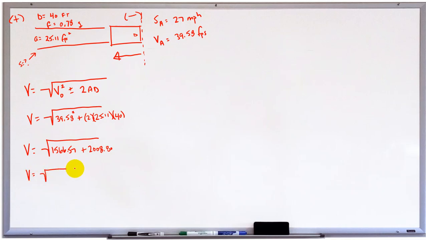All right, so I add those two together, and I'm going to be at 3575.37. Under the radical, I take the square root of that number, and I'm at a velocity of 59.78 feet per second, or a speed of 40.78 miles per hour at the start of that skid.